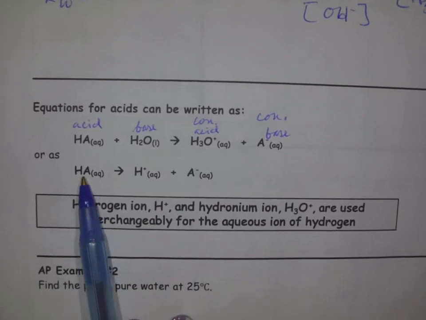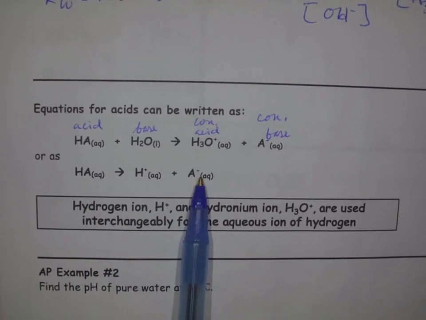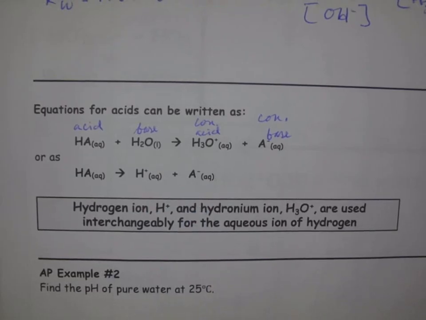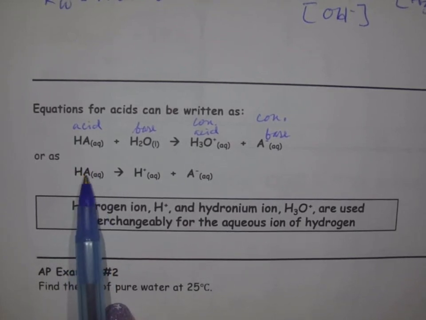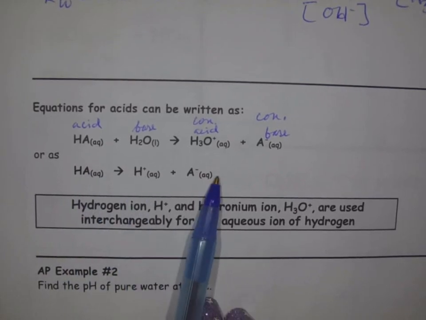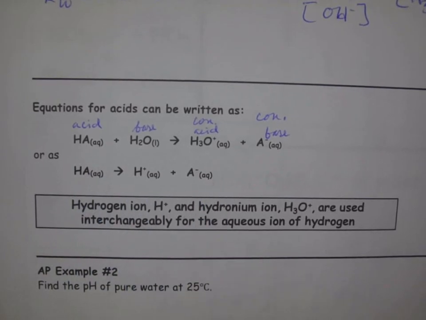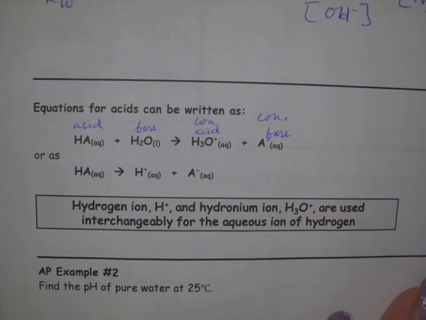And so then this would break apart into H plus and A minus. All right. What I need you to know is that strong acids more or less completely ionize. So that would mean that every or practically every molecule of the acid would break apart into H plus and A minus. Okay, more on that in a moment.